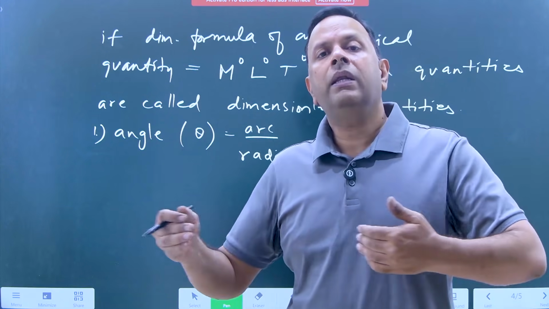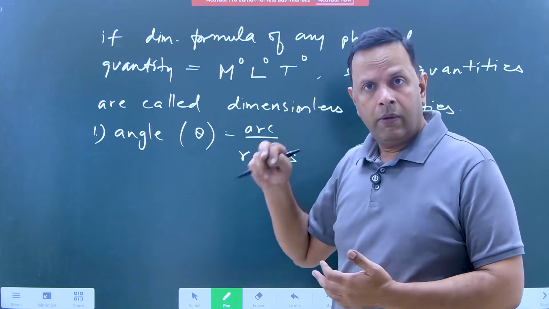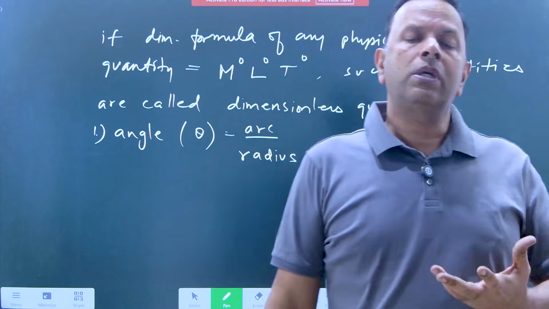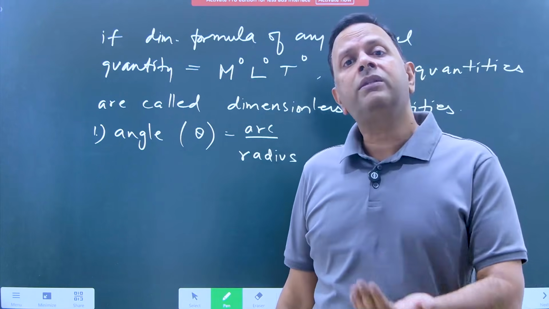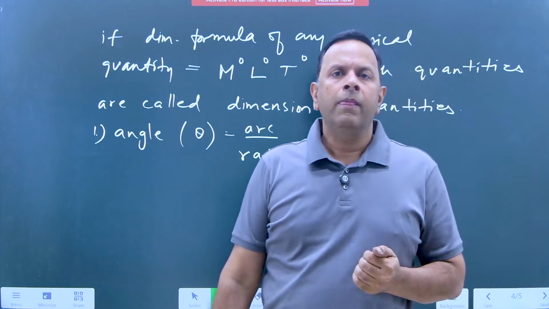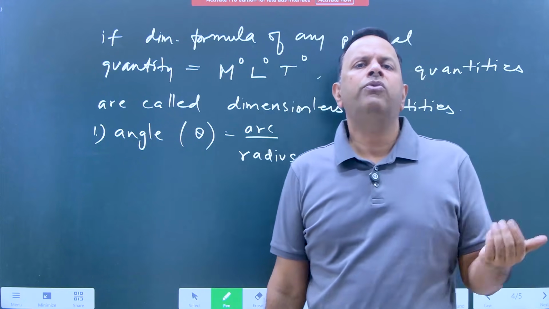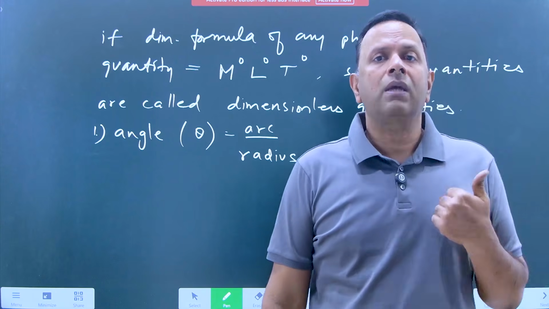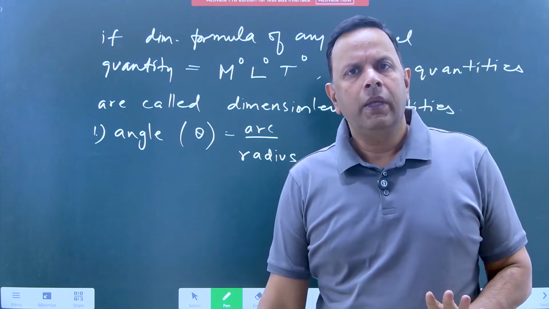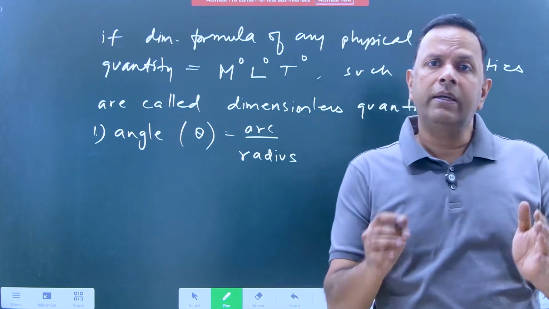Sometimes we say a length is equal to the arc. So arc is also a length. If you are speaking about some wave, then wavelength will also be a length. So understand one thing, it doesn't matter from which source the length is coming, what type of length it is. We don't care for that. If it is length, we are going to call it L.